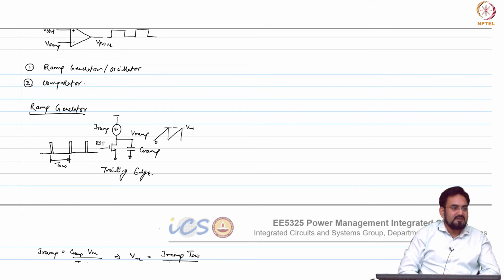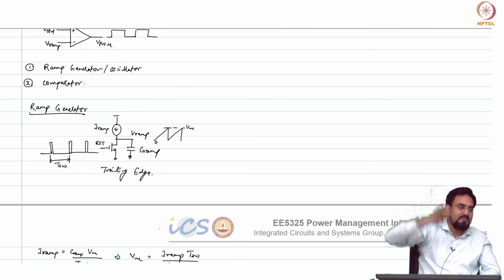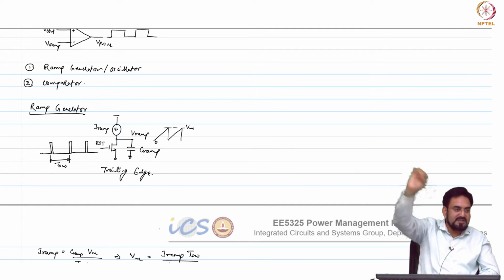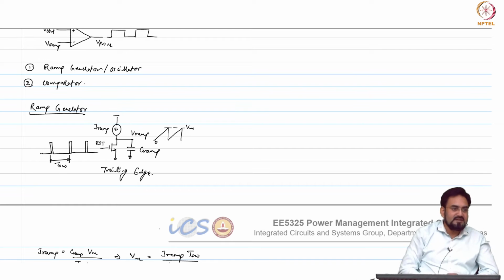But let's say you are going on the higher side, operating from 50 to close to 100%. In that case, 50% is not a problem for trailing edge, because your ramp is always 0 to 1 volt. So 100% will be your 1 volt control voltage, which is still much lower than your VDD.